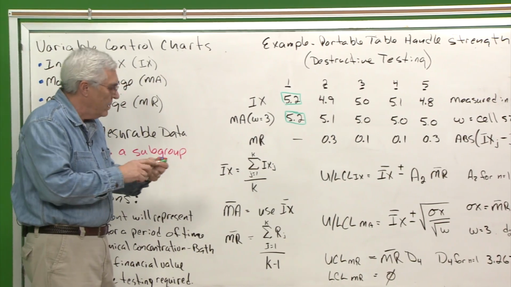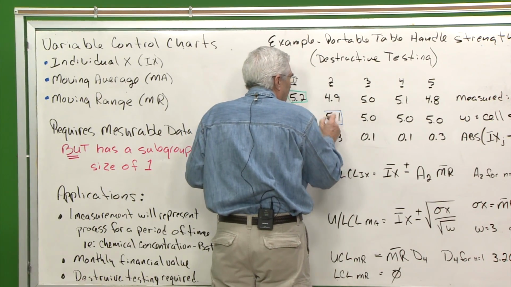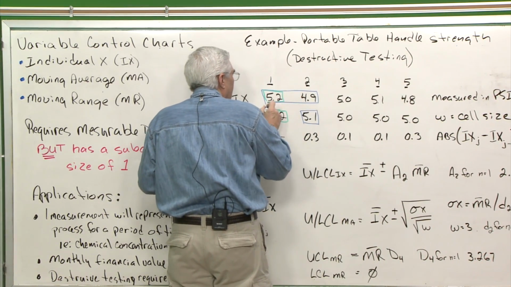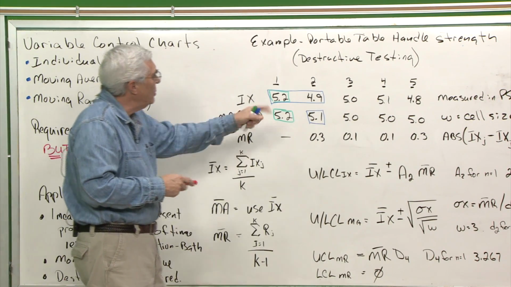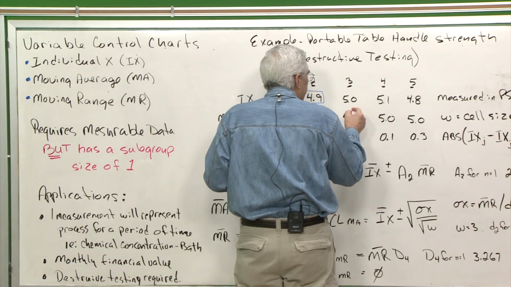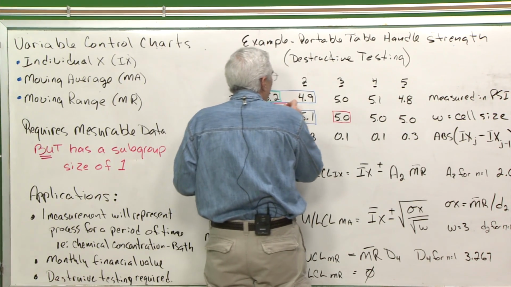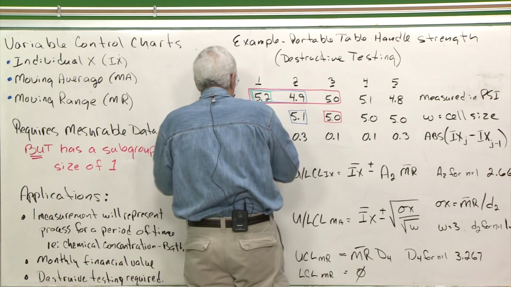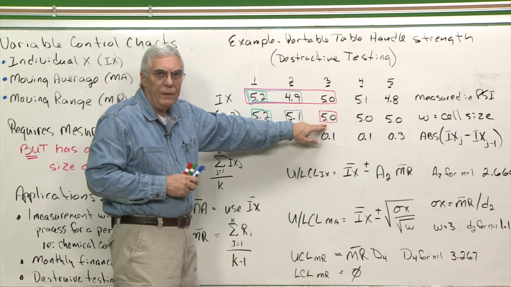To get the second value, what I did is I used the average of 1 and 2. And then to get to the third value here, I used the average of 1, 2, and 3. So now I've arrived at my cell size of 3.